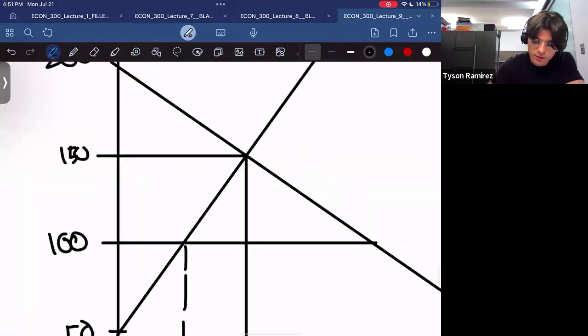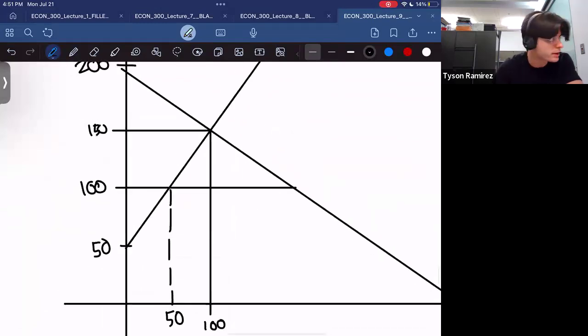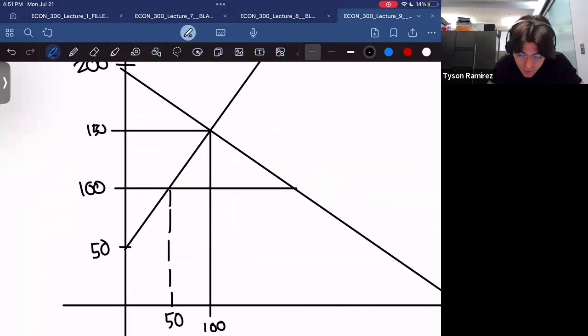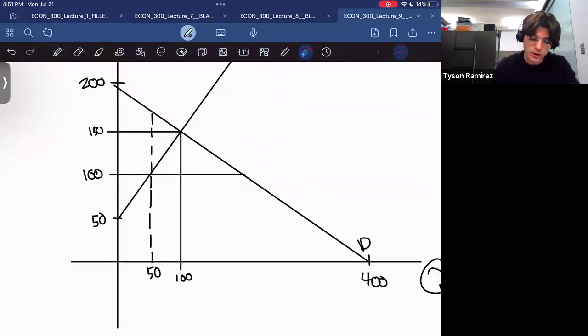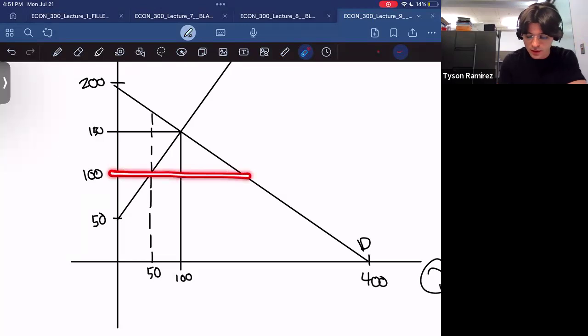The idea is that the market wants 100 things, but there's only 50 to go around because of this price cap. There aren't as many people willing to sell at such a low price. So there's going to be a shortage. There's going to be more demand than there is supply. And that's why I drew this right here.